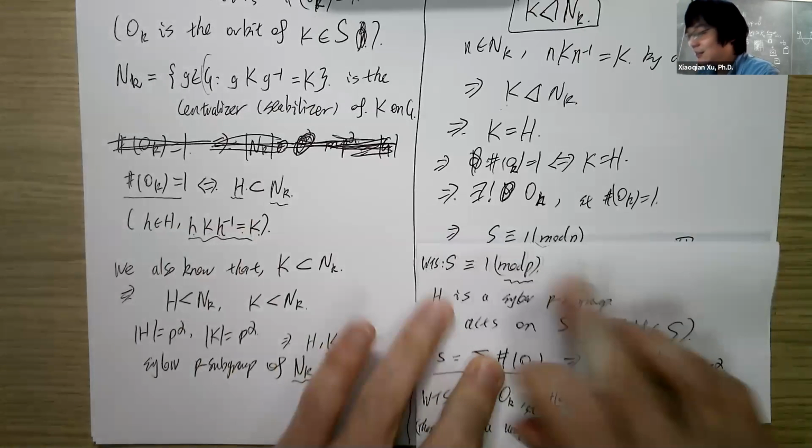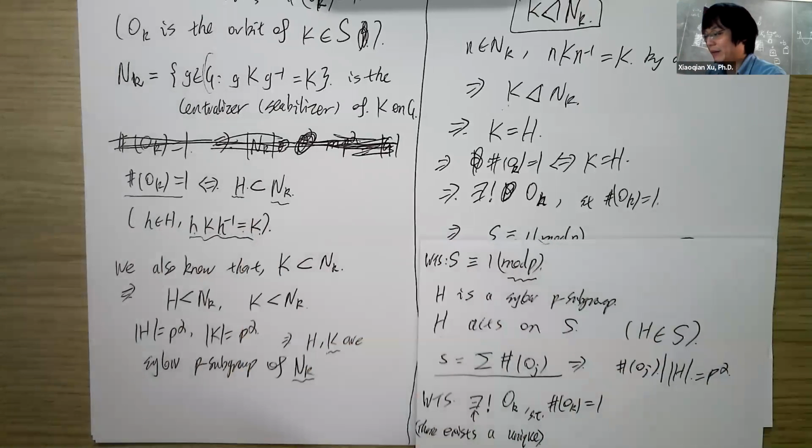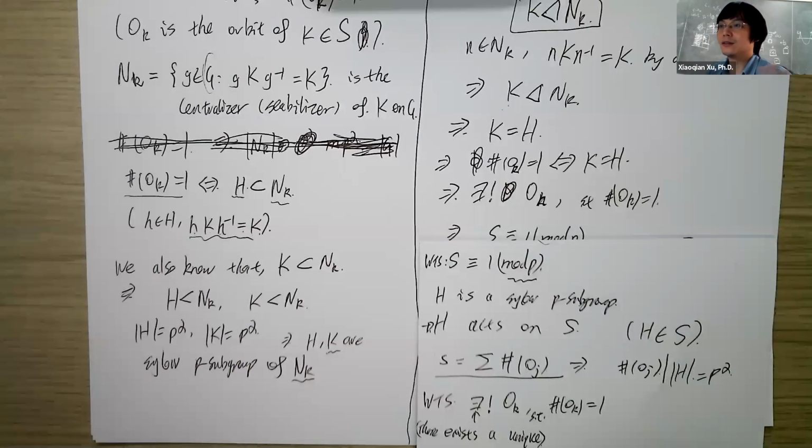So the main thing we try to do is we try to use an arbitrary Sylow P group acting on this set of Sylow P groups. The reason we try to do that is because we want to say something about modulo P, right?